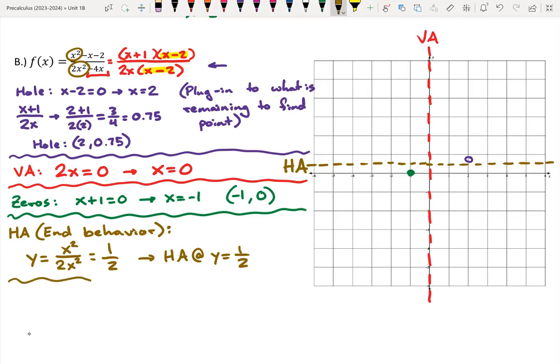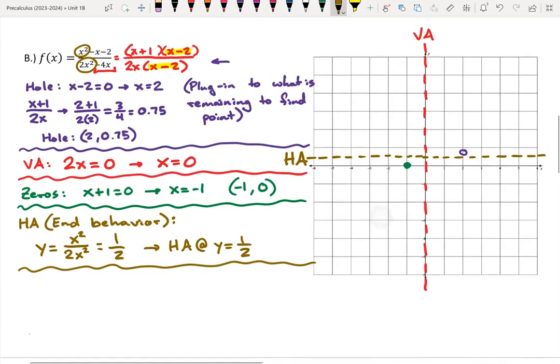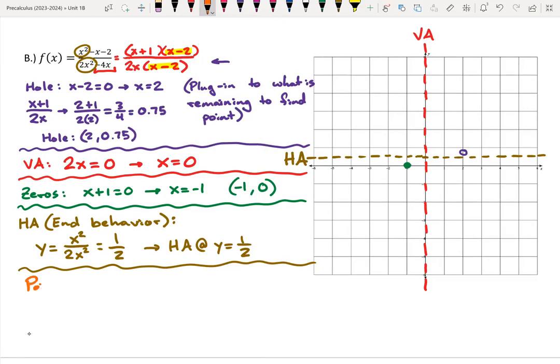Okay, we need to get some more points. That will be using our critical points. Let's do orange, why not? All right, so to find where we are above and below, getting some more points for my graph, we are going to use our vertical asymptote at x equals 0, and our zero at x equals negative 1.